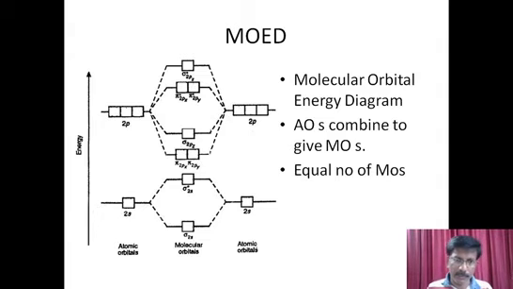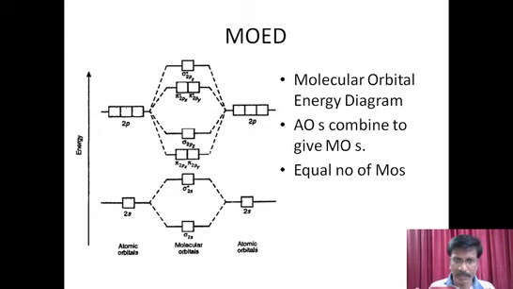Now look at the upper part of this diagram. There is 2p of one atom on the left side and 2p of another atom on the right side. That means a total of 6 orbitals. Now look at the middle part, where molecular orbitals are written. The pi orbitals are written on the bottom side, and above that sigma.